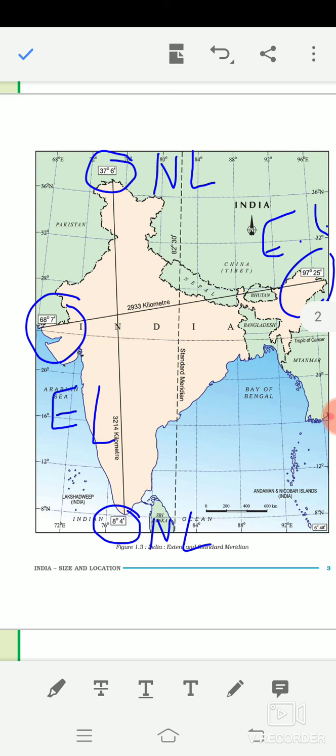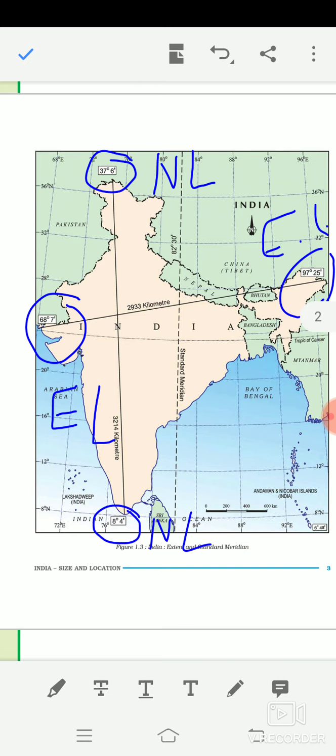What is the longitudinal expansion of India? 68 degree 7 minute east to 97 degree 25 minute east. What is the latitudinal expansion of India? 8 degree 4 minute north to 37 degree 6 minute north latitude. Both are north because it is in the northern hemisphere. Here it is eastern because it is in the eastern hemisphere. So it is clear.